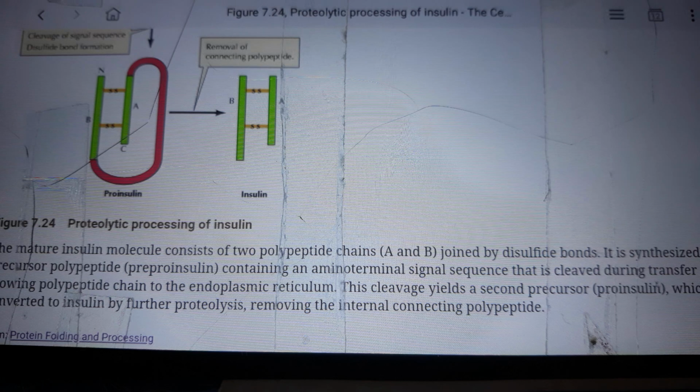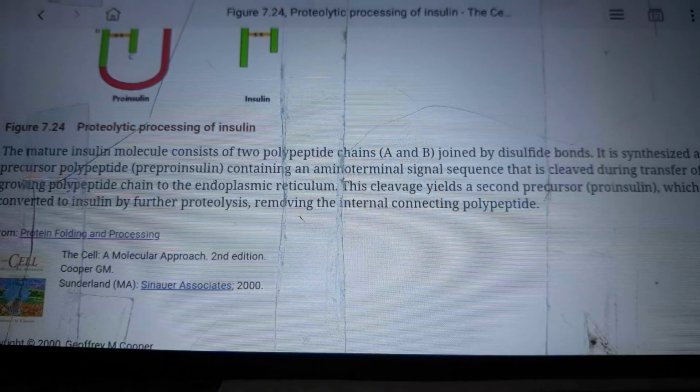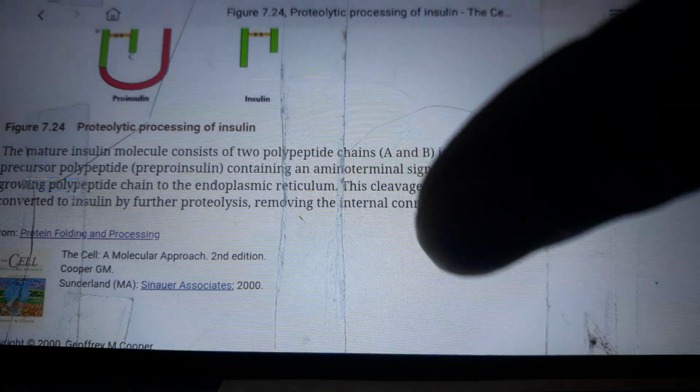It is synthesized as a precursor polypeptide, proinsulin, containing an amino terminal signal sequence that is cleaved during transfer of the growing polypeptide chain to the endoplasmic reticulum. This cleavage yields a second precursor, proinsulin, which is converted to insulin by further proteolysis, removing the internal connecting polypeptide.